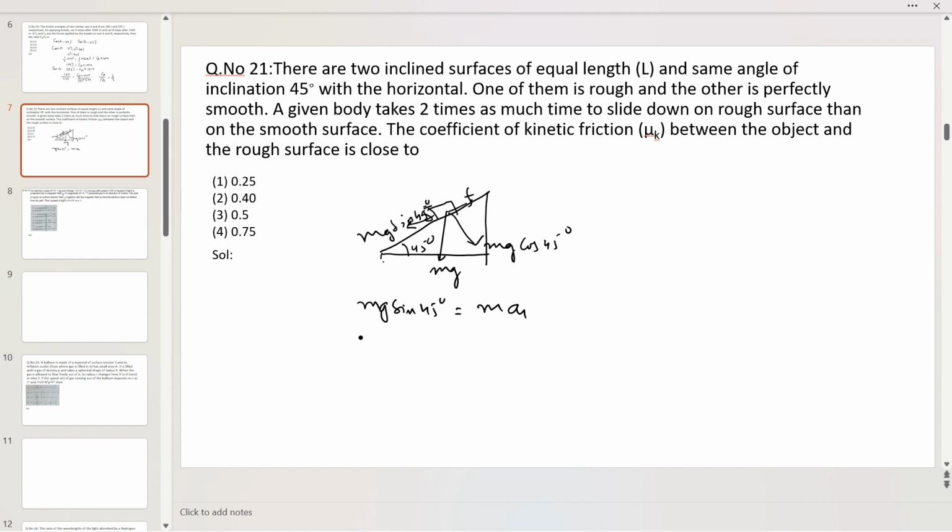And for the second case, let us take mg sine 45 degree, because it is a rough surface, minus the frictional force, that is equal to ma2. Now from here we get a1 is equal to g by root 2.